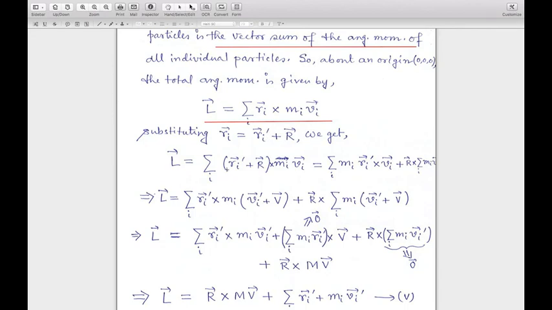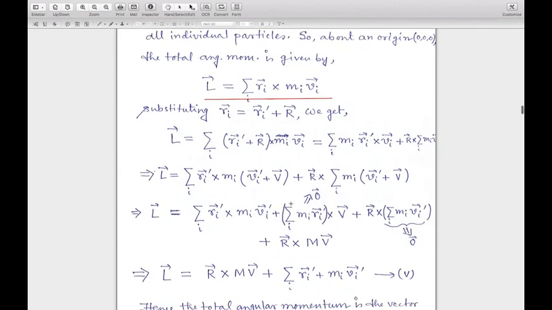Also we write the velocity as the sum of the velocity of the center of mass plus the velocity of the ith particle in the center of mass frame. Then you can finally expand the whole thing.